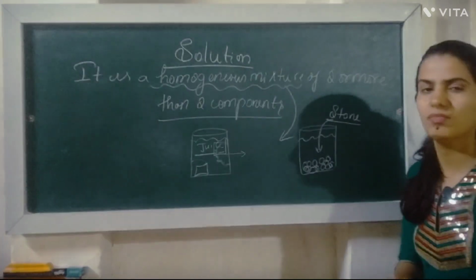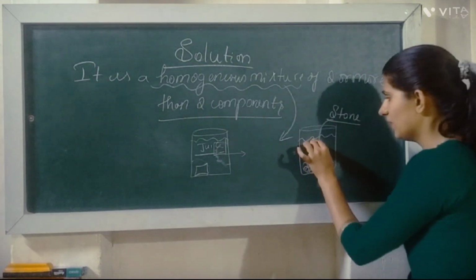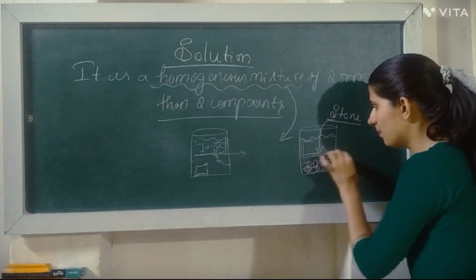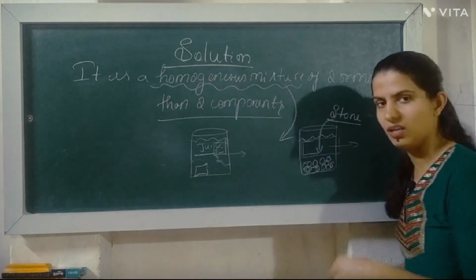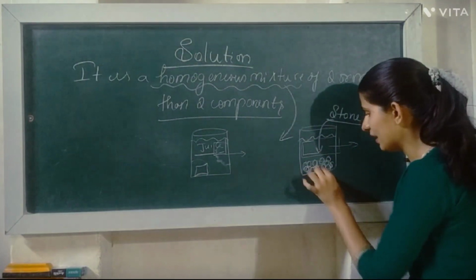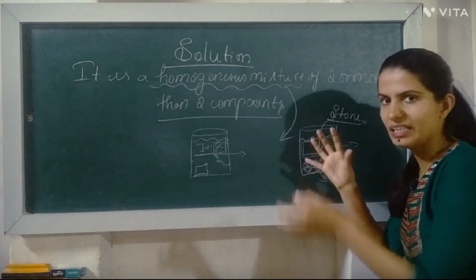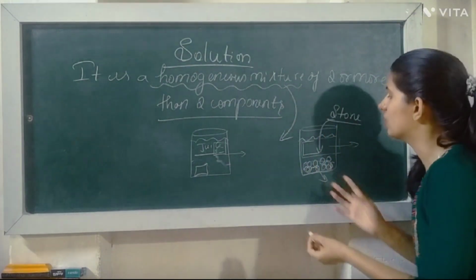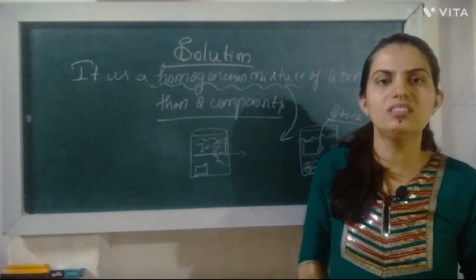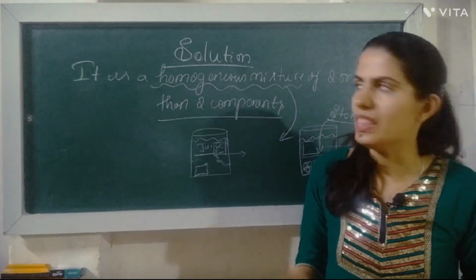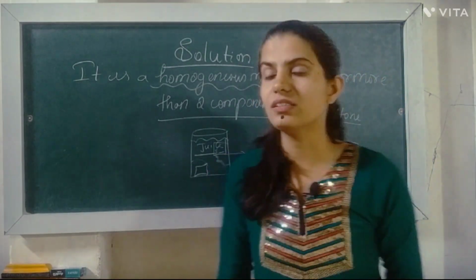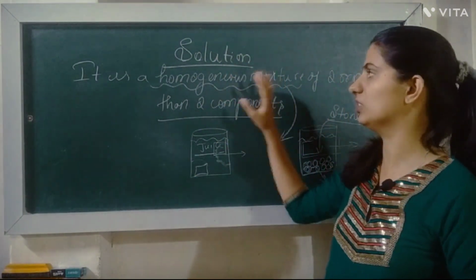No, because I can say that the top part is completely liquid and in the bottom part the stones are present. So it is completely non-uniform. So it is called a heterogeneous mixture. Now, I believe you have understood the meaning of homogeneous mixture.